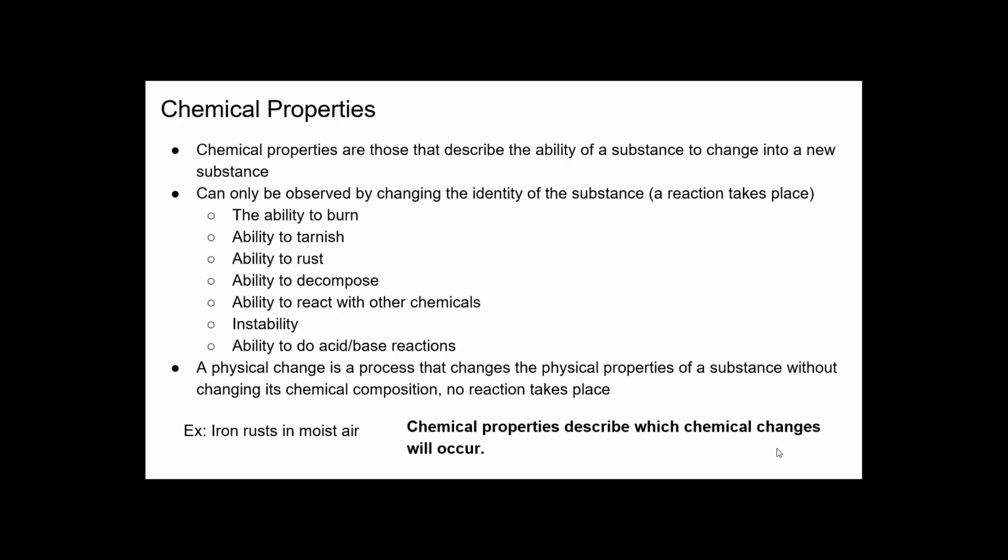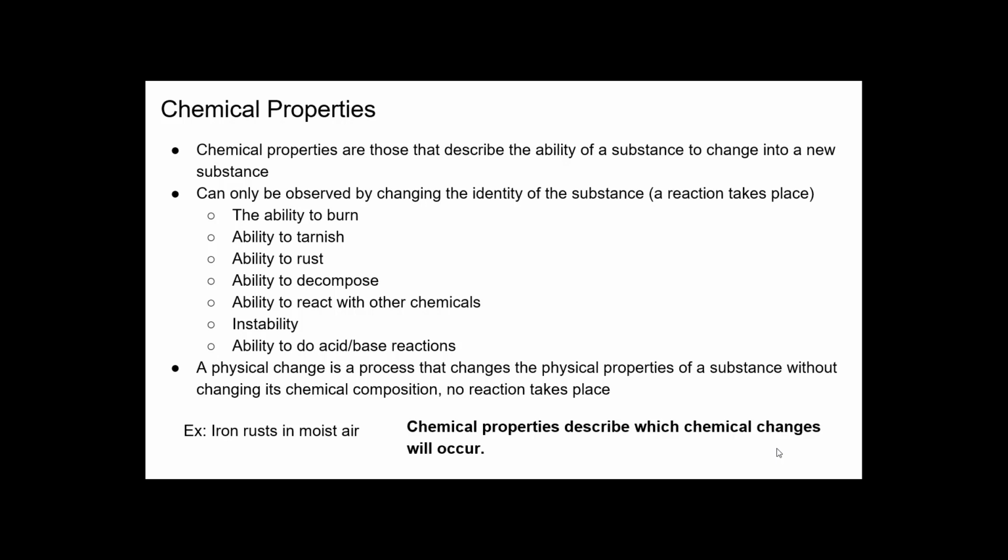It's being decomposed into something else. Ability to react with other chemicals, things that will interact with each other. Instability, a property of a compound or substance is that it might be very unstable, something explosive. Ability to do acid or base reactions, something that will, if it's an acid, it will react with the base.